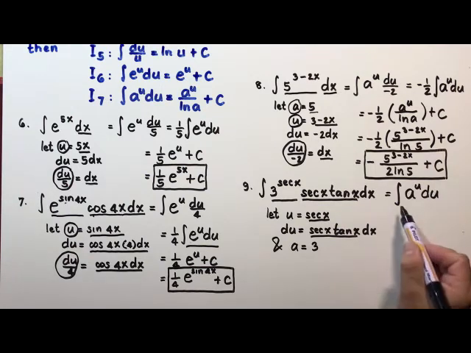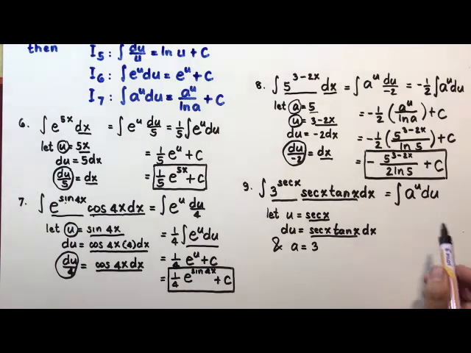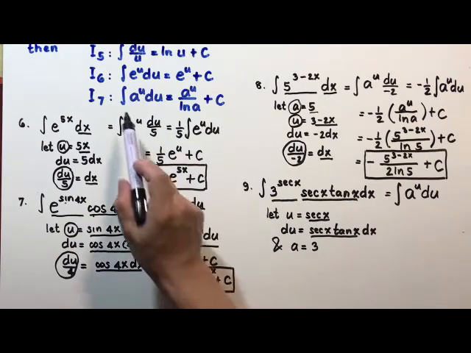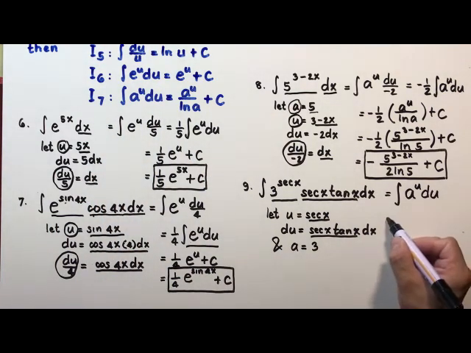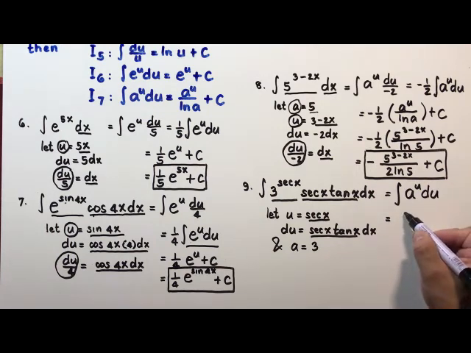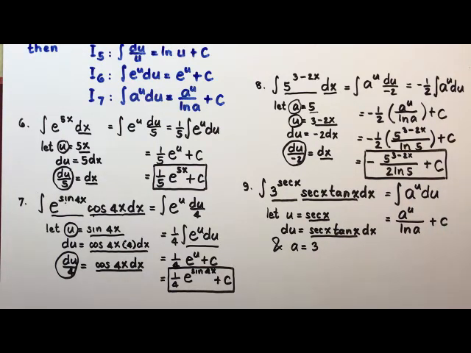And looking at this integrand, this is the same as in our formula number 7. And according to the formula, that is equal to a to the power u divided by the natural log of a plus c. So what is our a? Our a is 3.